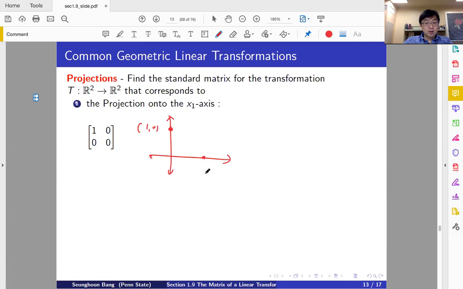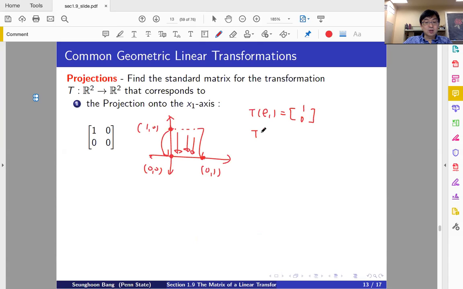This point is (1, 0), this is (0, 1). So here we have the x1 axis. You have to project onto the x1 axis. (1, 0) is going to (0, 0)? No, (0, 1) is going to (0, 0), and (1, 0) doesn't change. So T(e1) doesn't change, exactly e1, (1, 0).